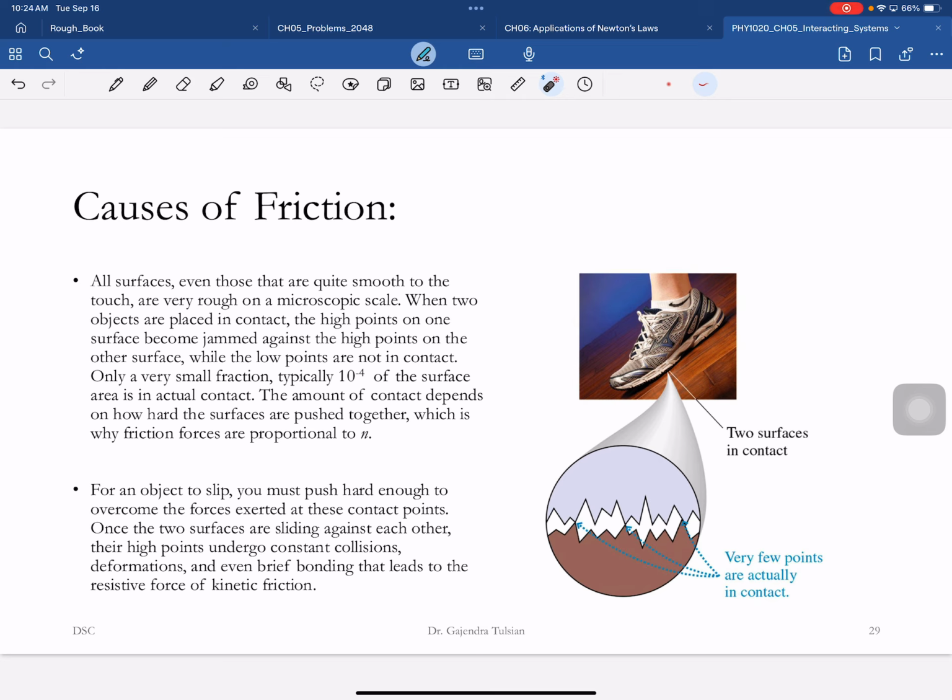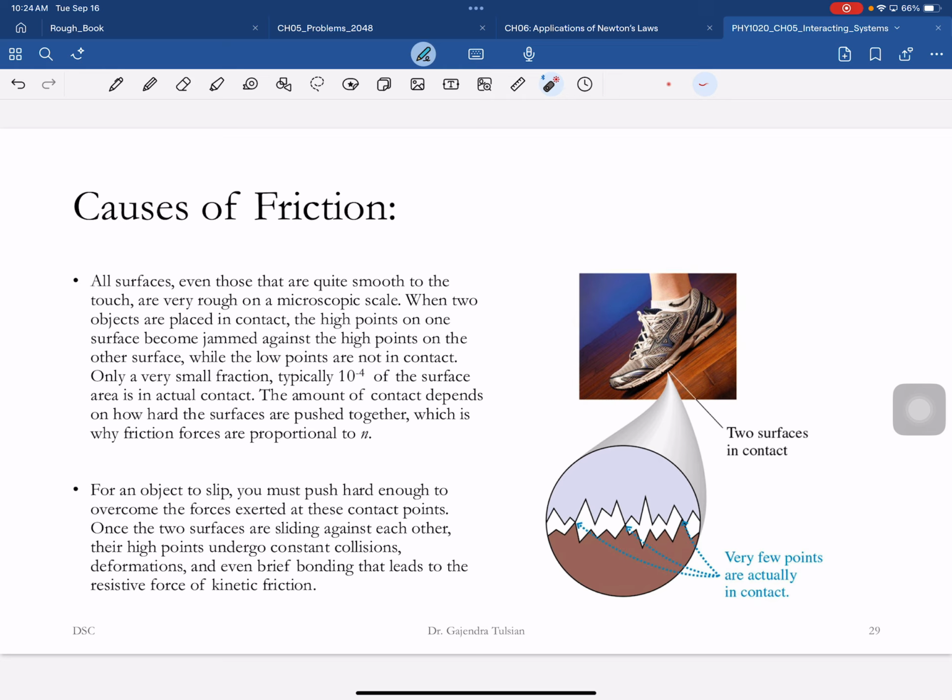And even when you're walking, you're breaking those bonds, and that pull is what's causing the friction. All surfaces, even though they're quite smooth, are very rough on the microscopic scale.